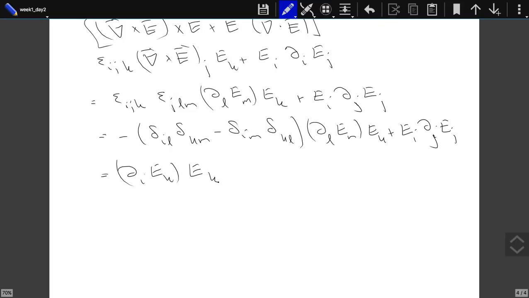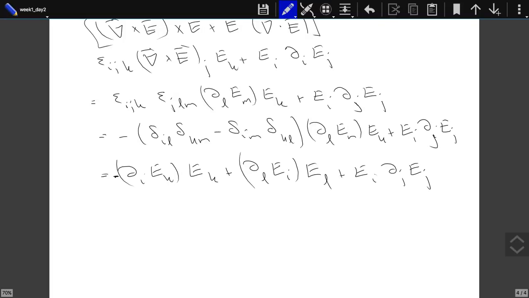Let's look at the other term. That term tells me that wherever I see an M, I should put an I. This is del L E I. And the second Kronecker delta tells me that wherever I see a K, I should put an L. E L, plus E I del J E J. There's a minus sign, right. It is this minus over there that I forgot.